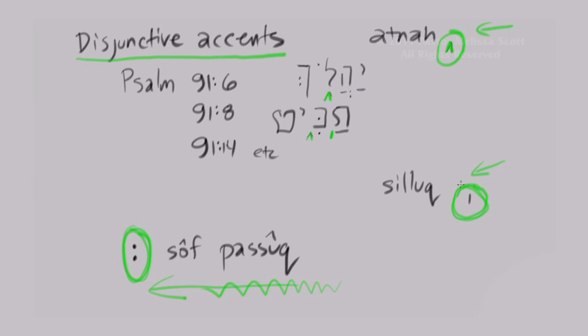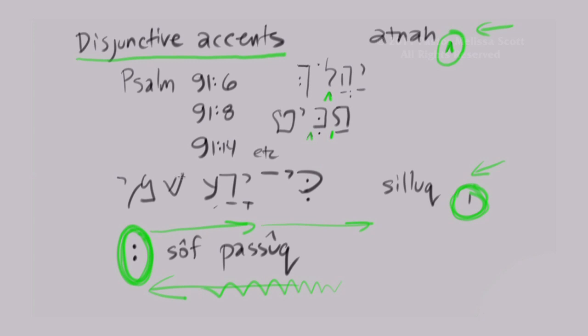If you were looking for clues, you would also go to the end of the sentence and look for the sof pasuk, and the word that comes right before it or in line having this would at least give you something to identify with. So I gave an example here of the last portion of verse 14. So the last part of it: ki yada, because he knows, kind of interesting.